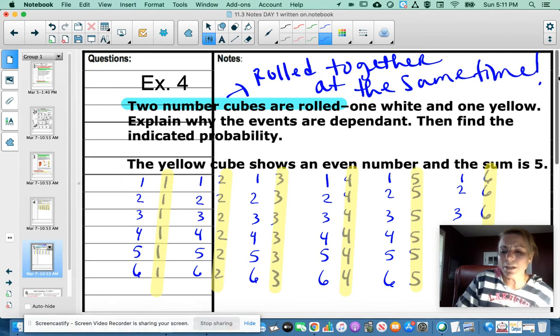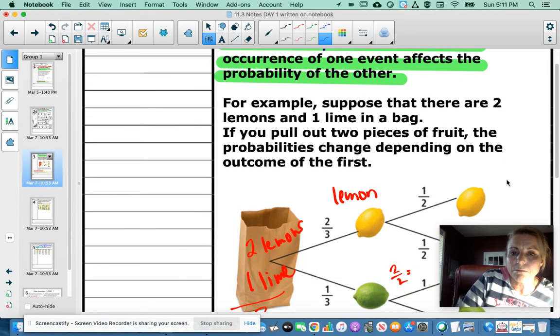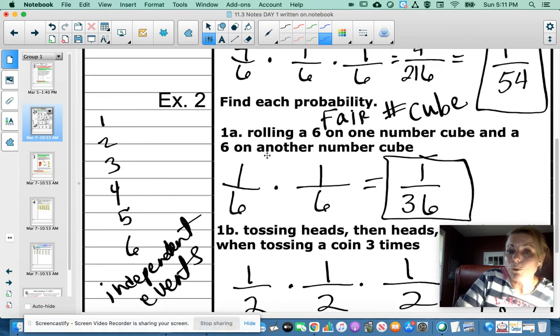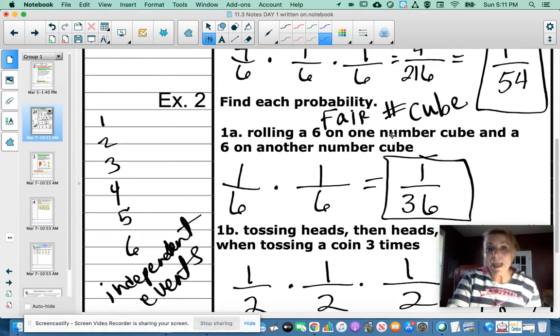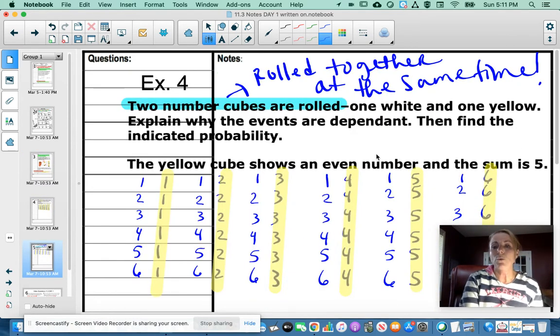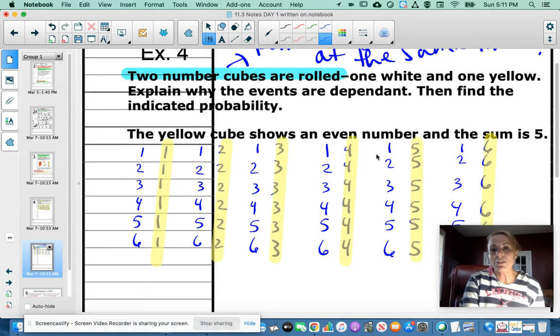That is different than the example back here, that said we're rolling a 6 on one cube and a 6 on another cube. We're rolling each cube separately. Here, 2 number cubes are rolled, one white and one yellow. We're going to talk about why the events are dependent, and then we're going to find the indicated probability.